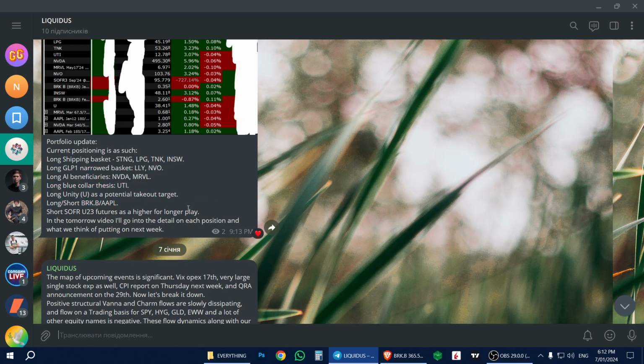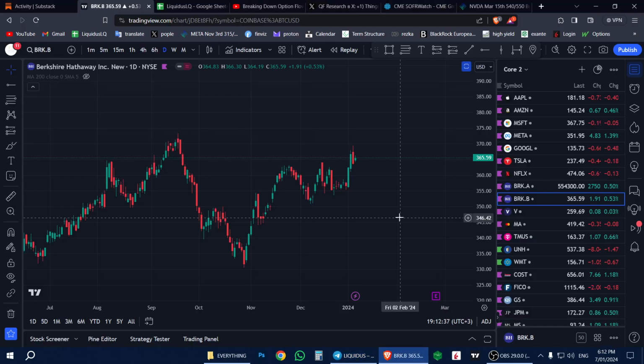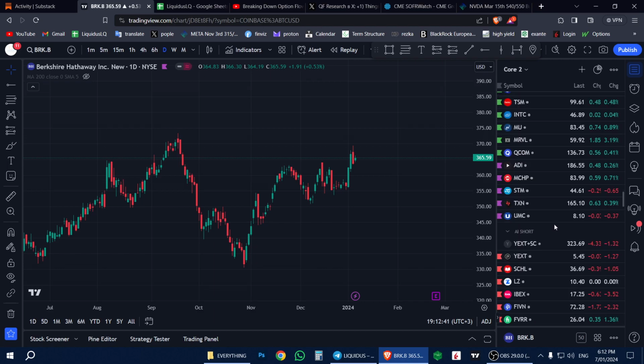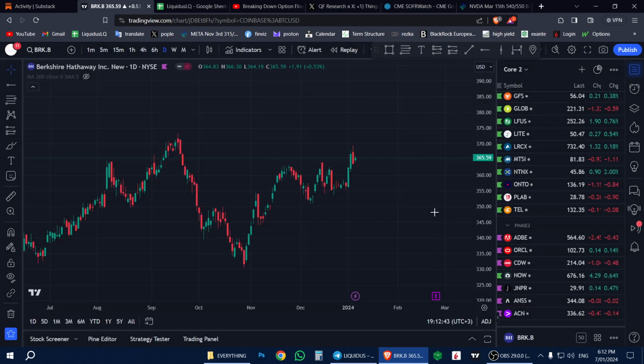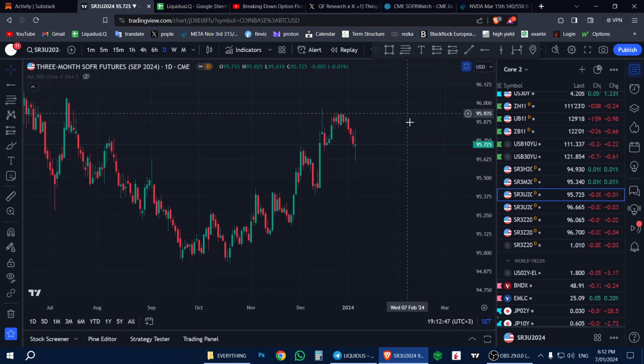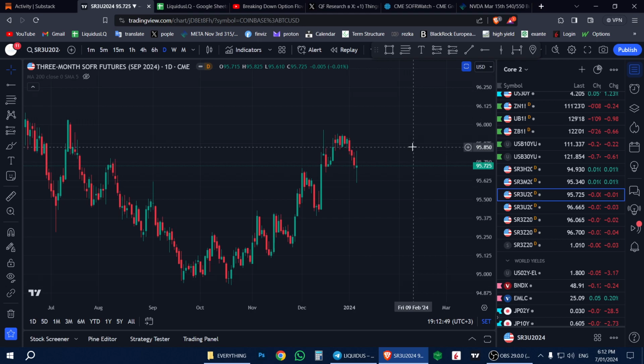One thing to go short, to hedge it going into the CPI, which we think anyway is a high probability trade, is short SOFR U24 futures as a higher for longer play. This is what we did with this slow accumulation of positive beta exposure. We are short SOFR futures, and we're probably going to hold them through CPI, and let's see what the CPI brings us.